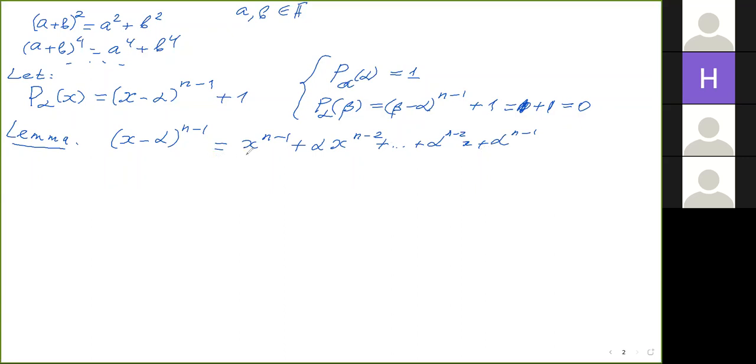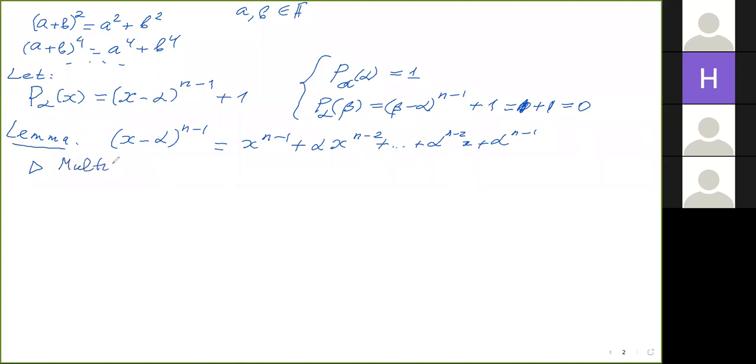And this can be shown in two ways. Either we need to use Newton's binomial and show that actually all the coefficients are odd, and we obtain this. But instead of that, we can actually just multiply the left-hand side and the right-hand side by x minus alpha and verify that we obtain the same thing.